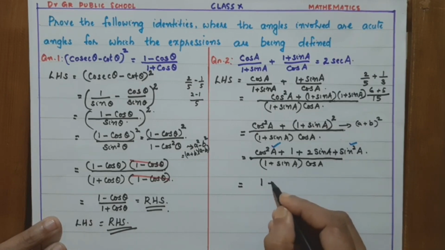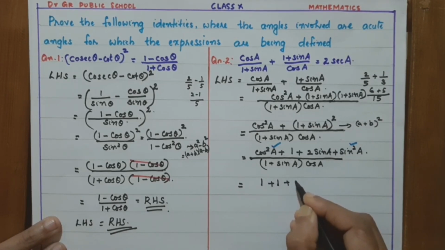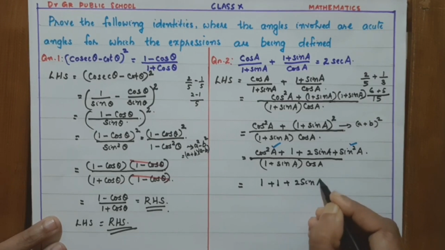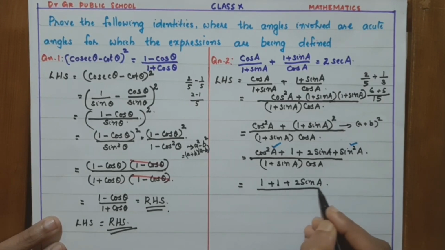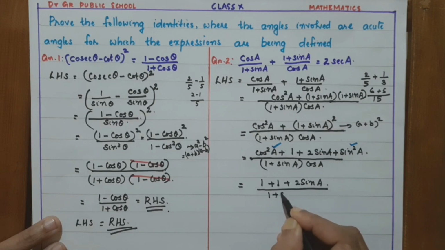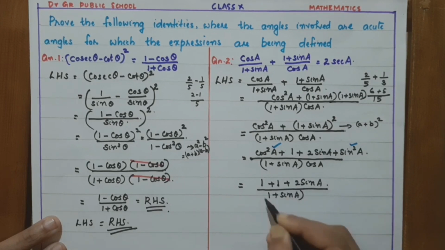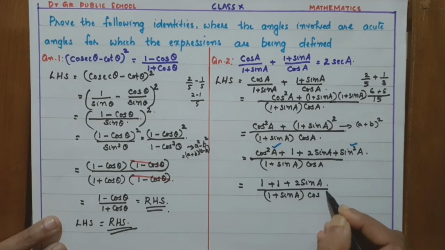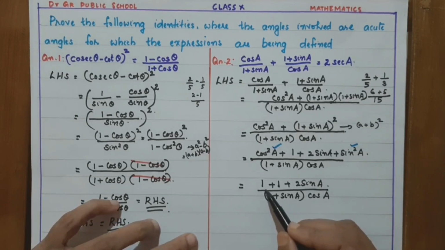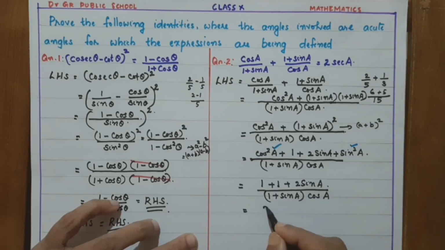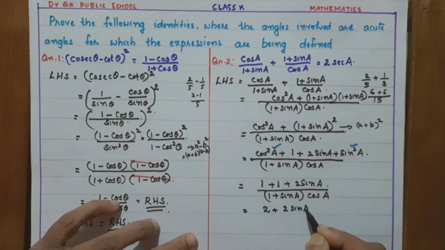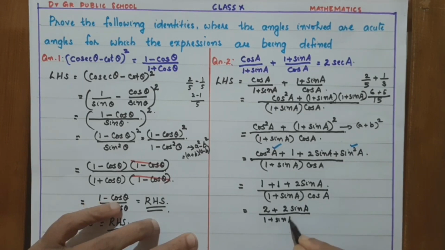Then we have plus 1, then plus 2 sin A, the whole by 1 plus sin A multiplied by cos A. Now here the numerator 1 plus 1, 2, isn't it? So 2 plus 2 sin A by 1 plus sin A multiplied by cos A.